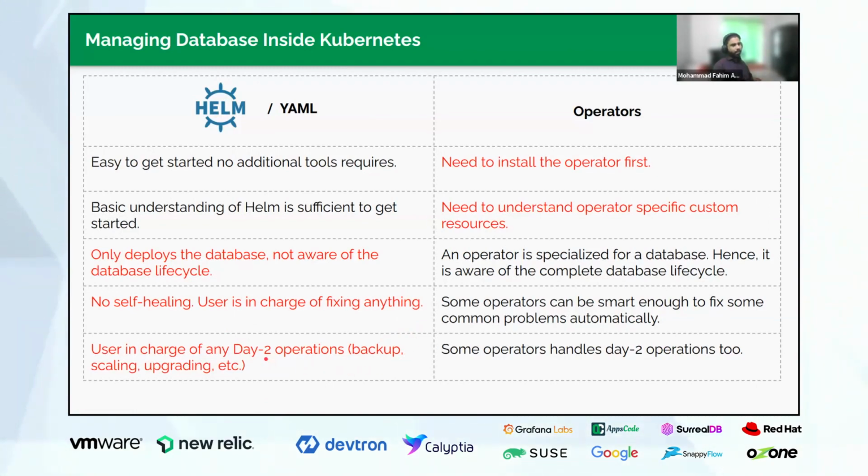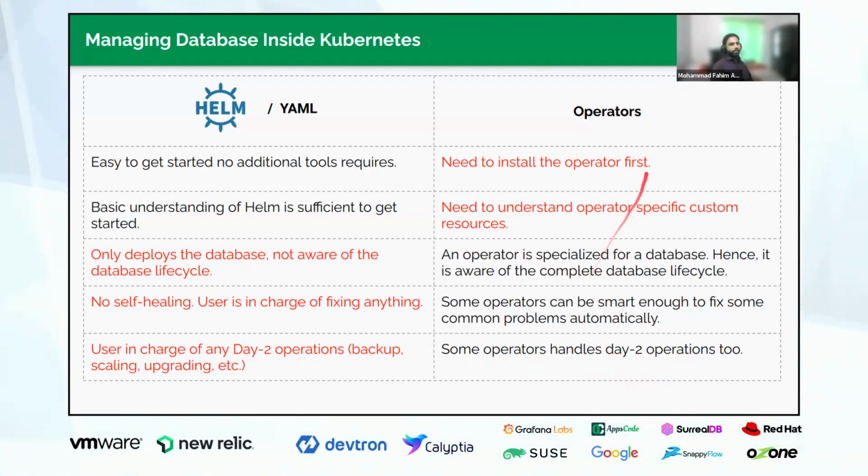There are a lot of operations that you have in your database. So some operators can actually handle the day two operations too. Those operators can back up or restore your database. They have a solution for scaling. They have a solution for upgrading, etc. So you can do all those with operators.